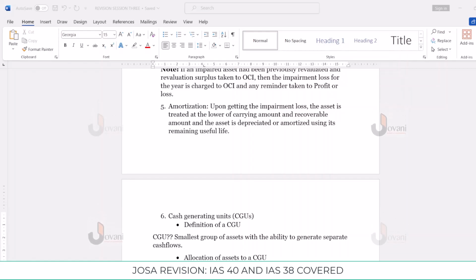Yeah. All right, so that is as simple as that. In the case scenarios, it will be very clear, as we shall see, so that you can easily identify whether something is a CGU or not a CGU.